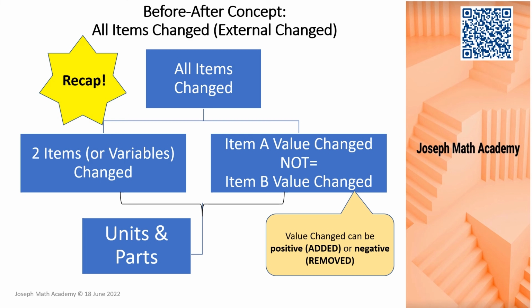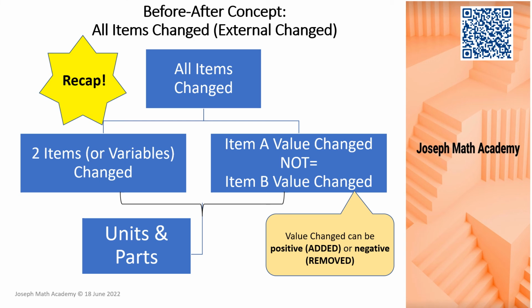Okay, now remember, for all items changed, both items, the value that changed should not be the same at all. That means the item A value changed should not be equal to the item B value changed. So the change can be positive, that means it's being added to the item, or it can be negative, that's being removed before and after.